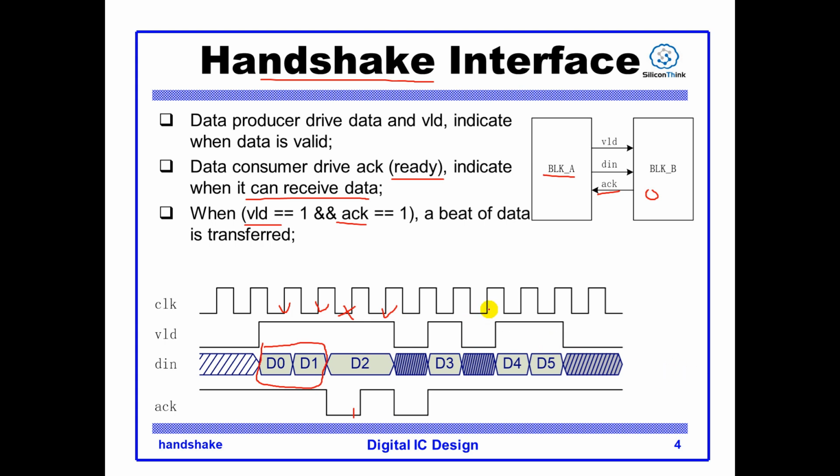And for this cycle, the valid is inactive, so no data transfer for this cycle. Okay, that's how the handshake interface comes about, and the principal protocol for handshake interface.